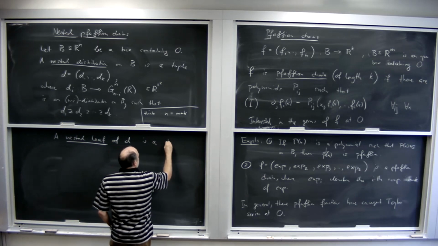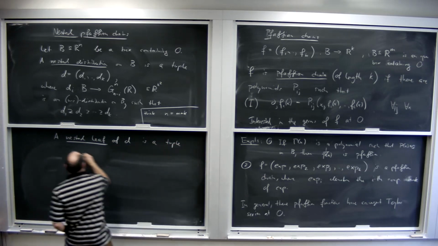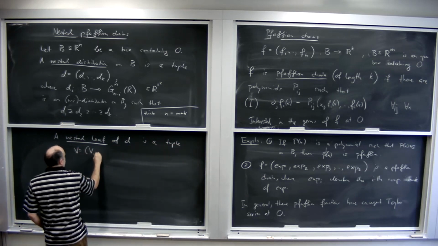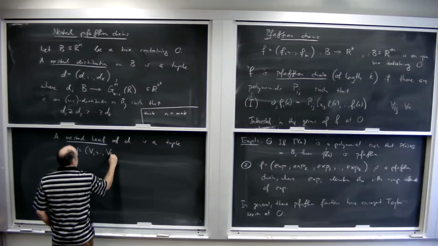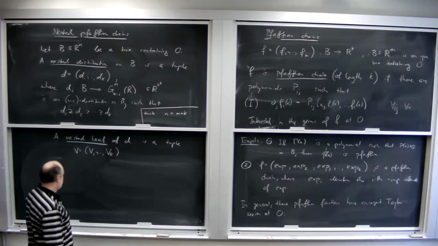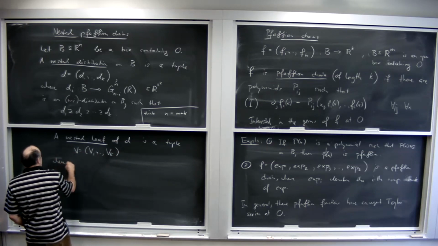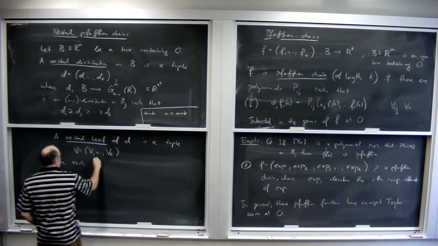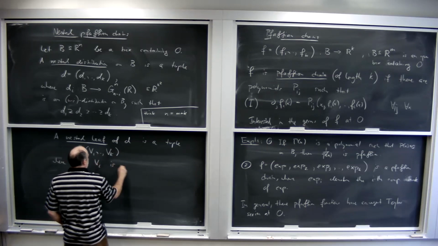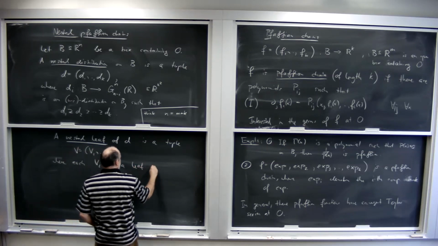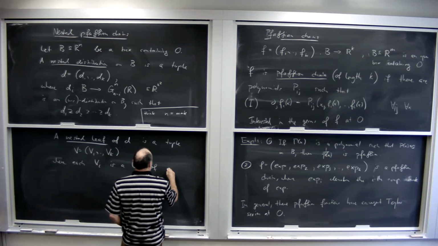So this is also a tuple. It's a tuple of manifolds where each Vi is a leaf of the distribution Di.